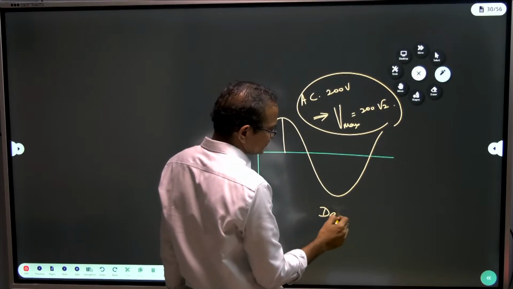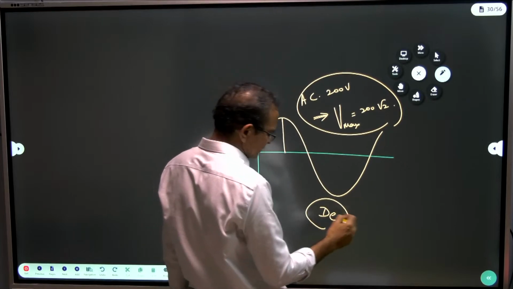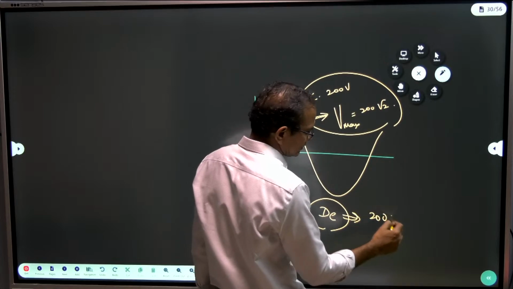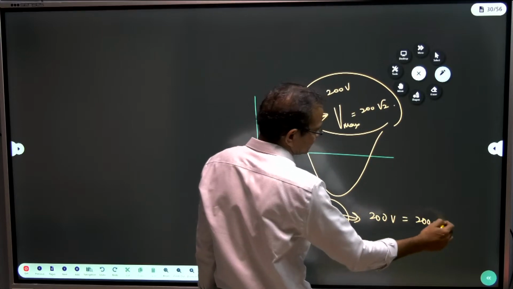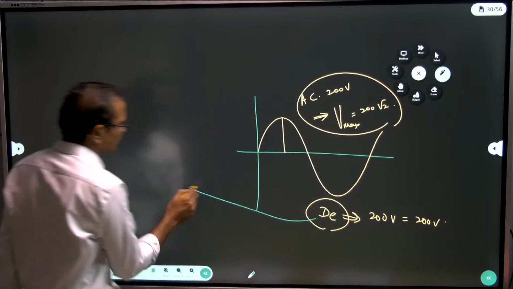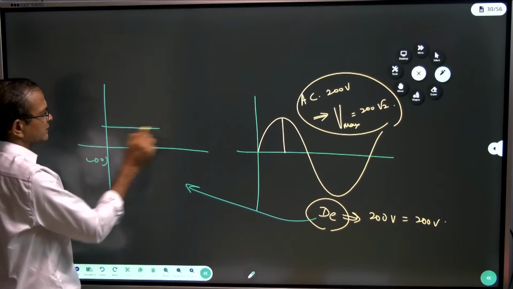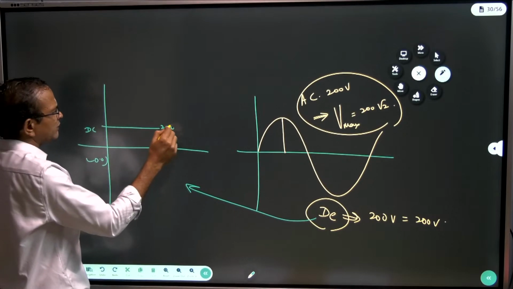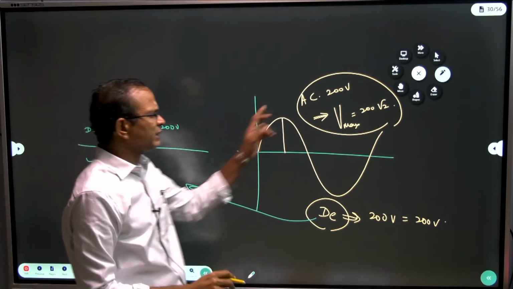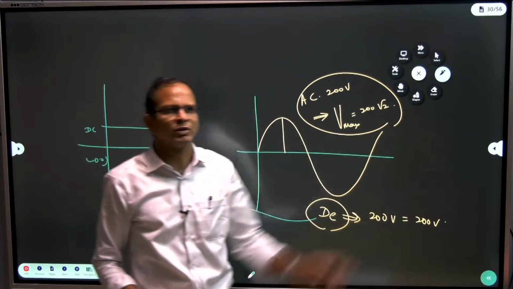DC, there is nothing called maximum. DC தான் 200 volt equal to 200 volt. ஏன்னா இந்த DC கரண்ட்டுக்கு எப்படி இருக்கும், கிராஃப் ஷீட் இப்படி இருக்கும், 0,0 DC 200 volt, மாறவே மாறாது, அப்படியே ஃபிக்ஸடாக இருக்கும். ஆனால் இது மாறிக்கிட்டே இருக்கும். AC will keep on changing.